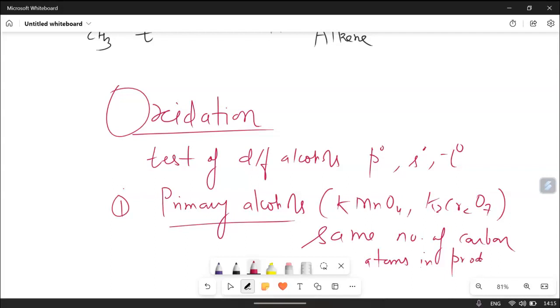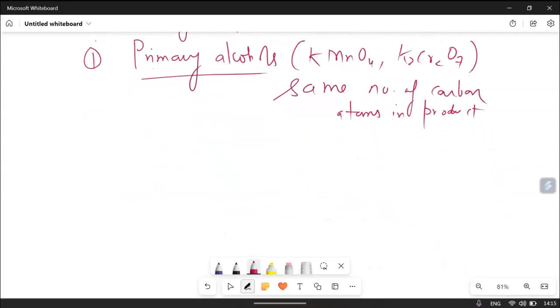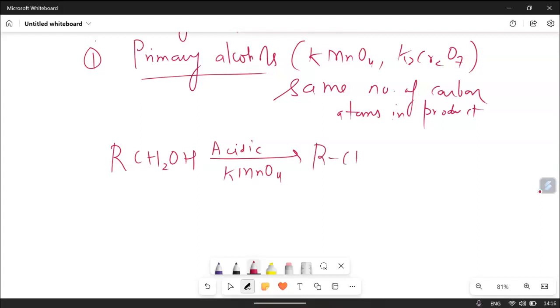How come? Let's start with the reaction. When primary alcohol is oxidized, it will give the same number of carbon atoms in product. Suppose you have RCH2OH treated with acidic KMnO4. The water molecule will be removed and RCHO will be formed, and further oxidation will give RCOOH.